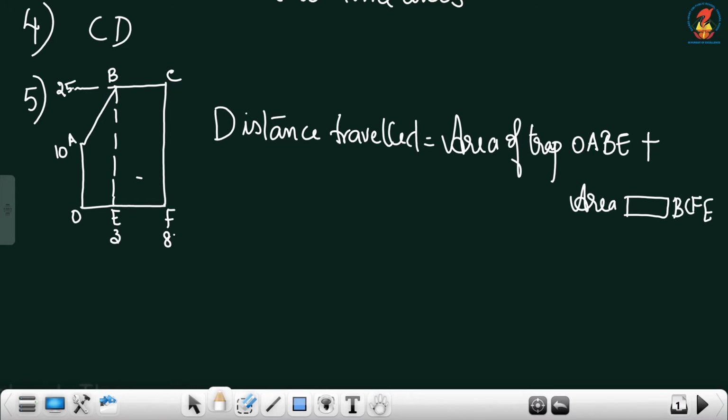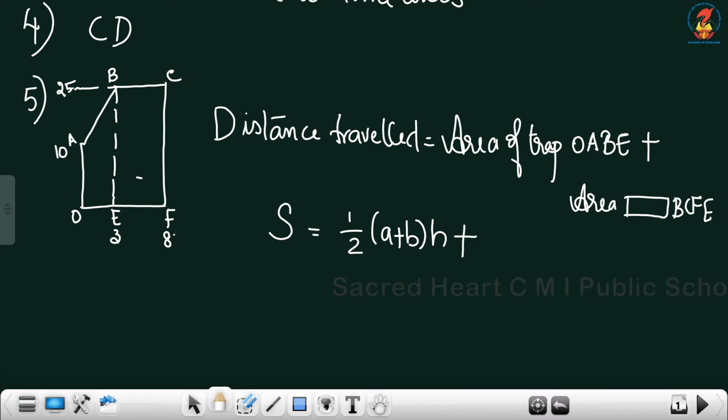Now, we will write the equation. Distance travelled is represented by the letter S. Area of the trapezium is half into (a plus b) into h, plus area of the rectangle, that is l into b.